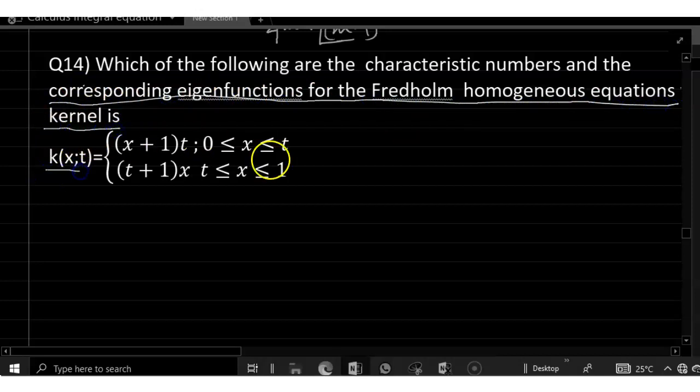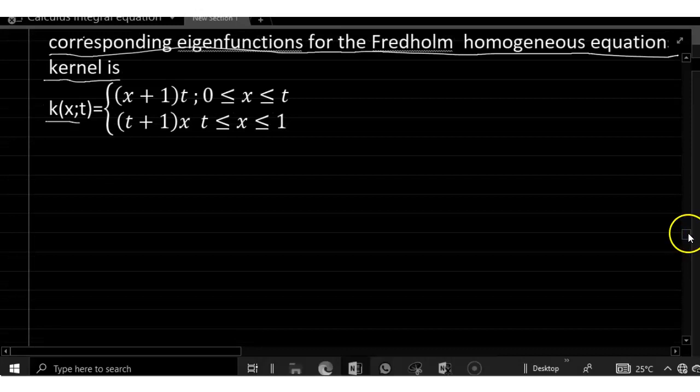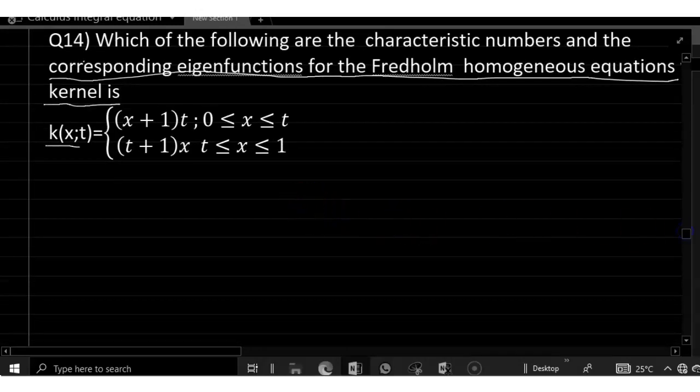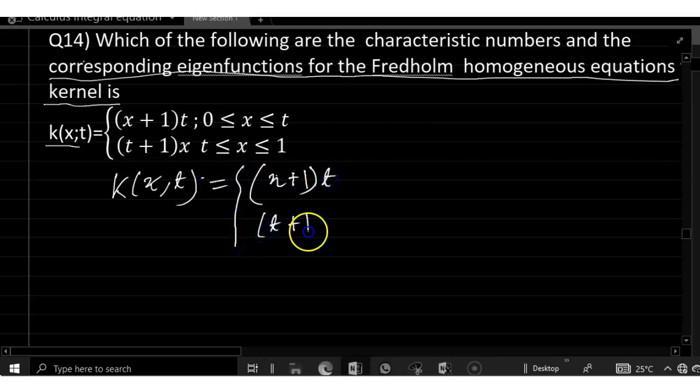Kernel is k(x,t) equals x plus 1 into t for 0 less than x less than t, and t plus 1 into x for t less than x less than or equal to 1.